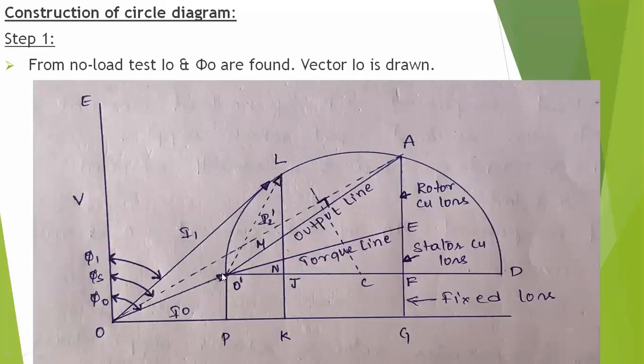The line O dash A is called the output line.